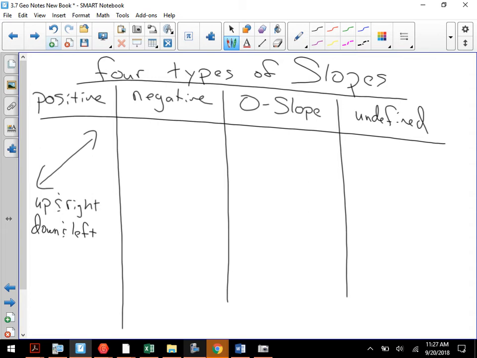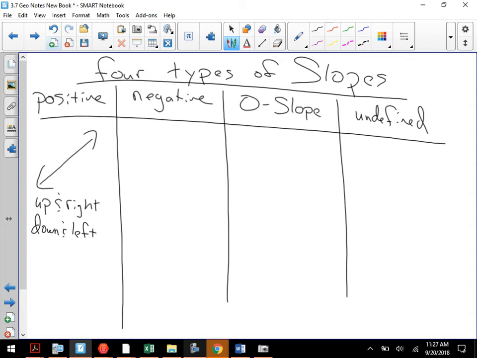Now, slope is the change in Y over the change in X. So slope is basically Y over X. So if you're going positive, when I'm in this quadrant, I have a positive divided by a positive, which is positive. In the quadrant down here then, I have a negative divided by a negative, which is a positive. That's why this works. Okay? That's why that works.